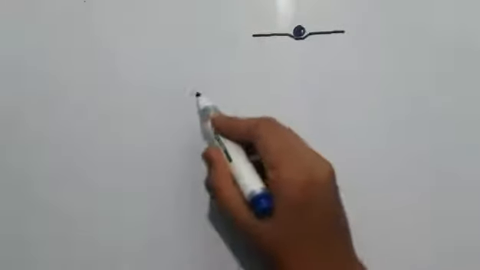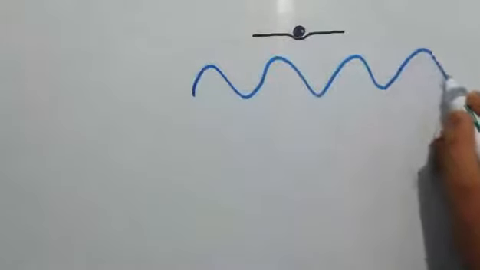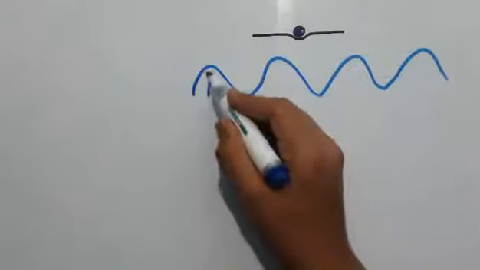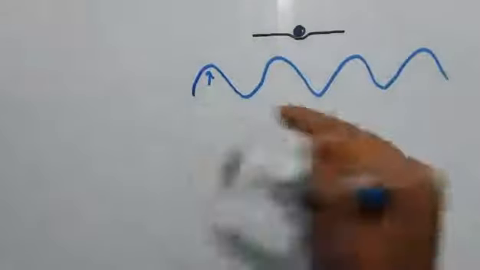Now, compared to this diagram, if we try to draw the gravitational waves, it would seem something like this. These are the ripples, or the crests and the troughs, of the gravitational waves.